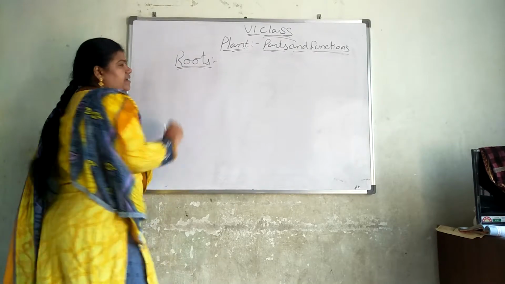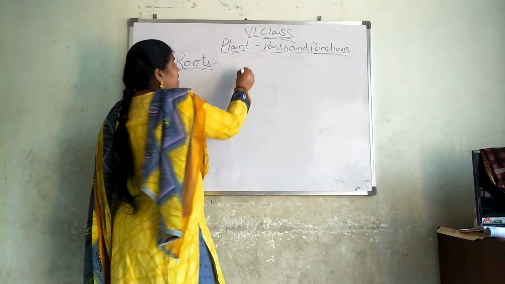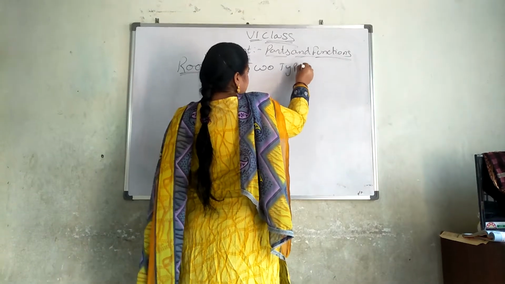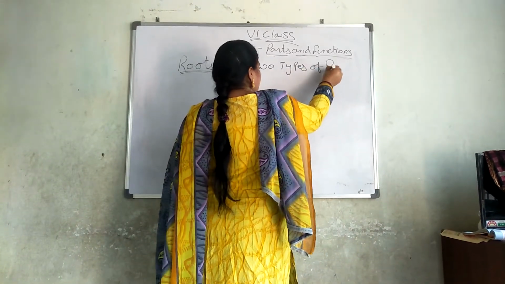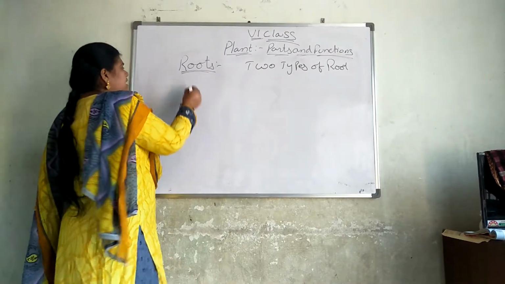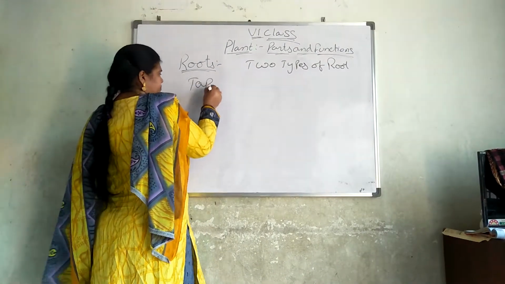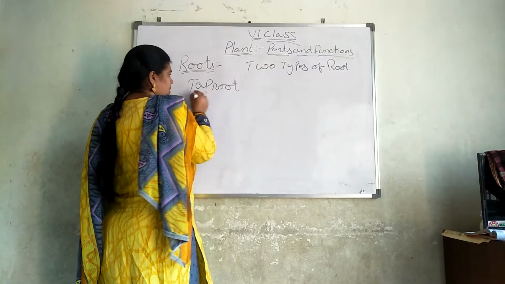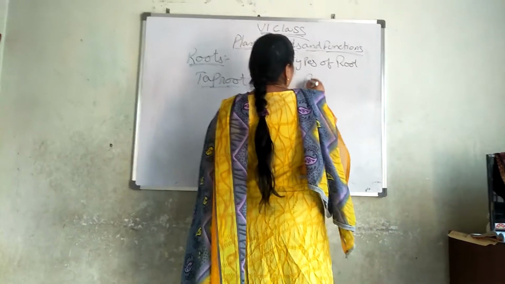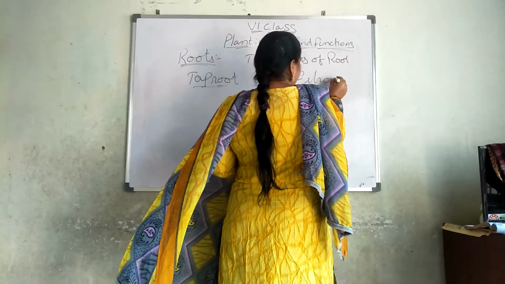When I see here, we are having 2 types of roots. What are those? One is taproot system. The other one is fibrous root system.